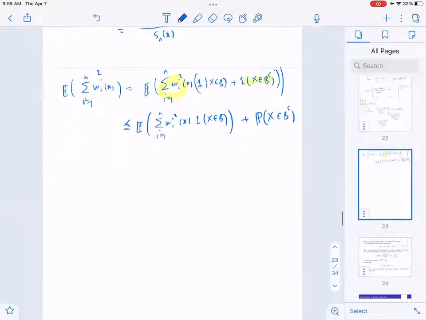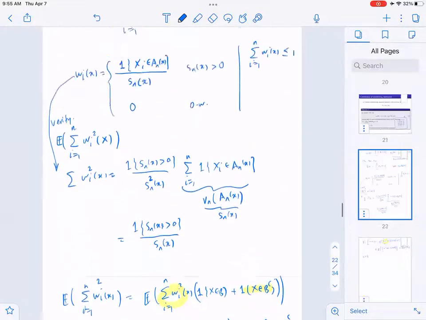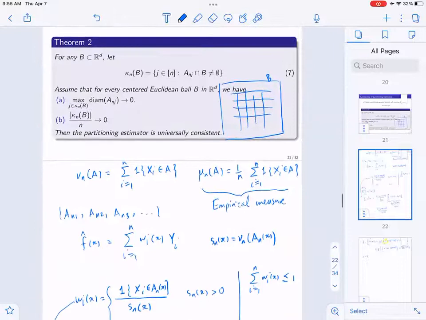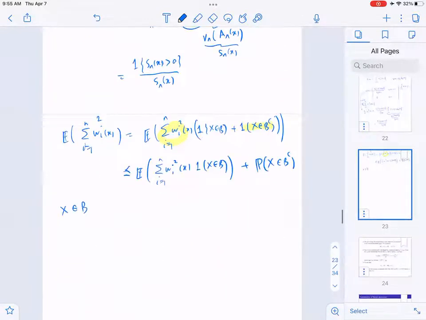Okay, so the next part of the trick, this also gets a little bit tricky. So here X is in B. Let's define it.